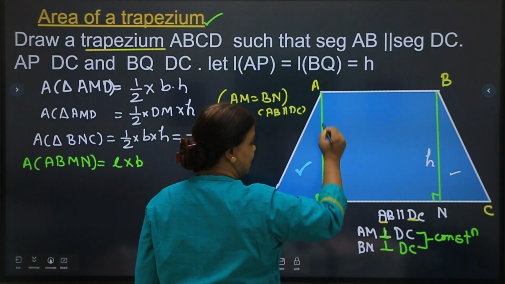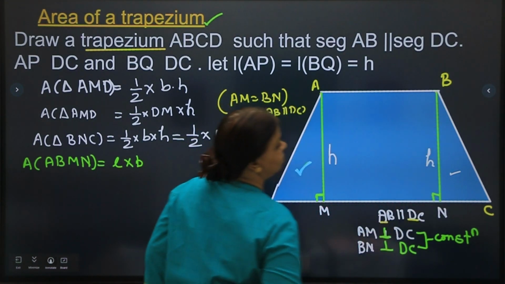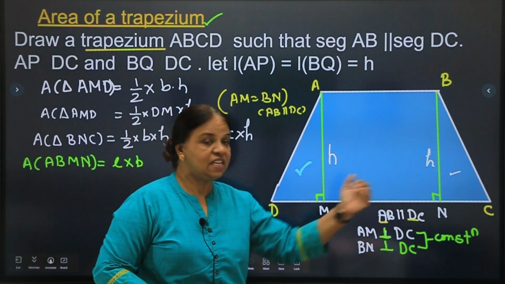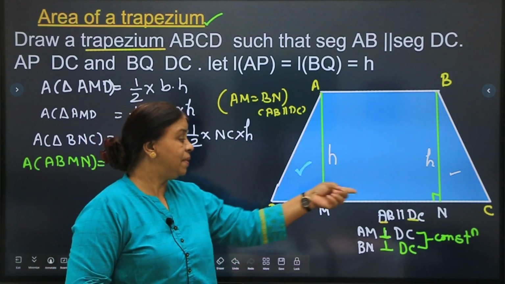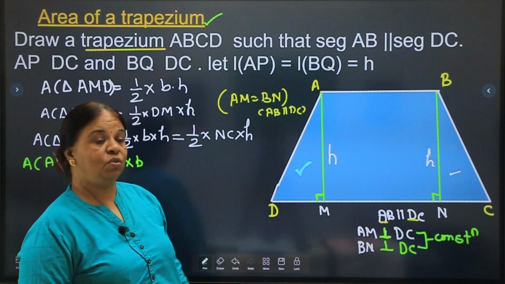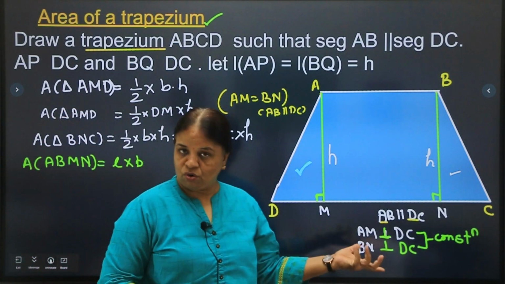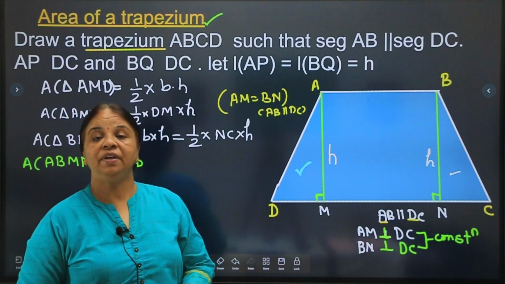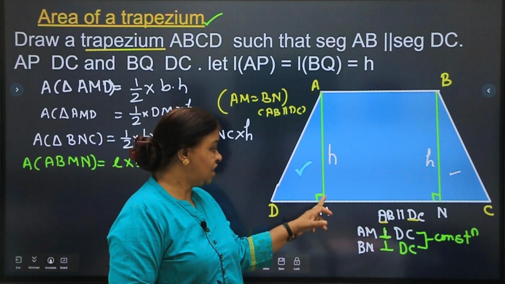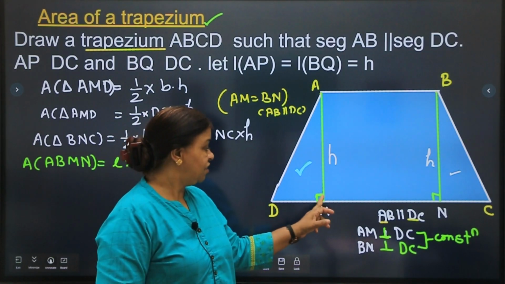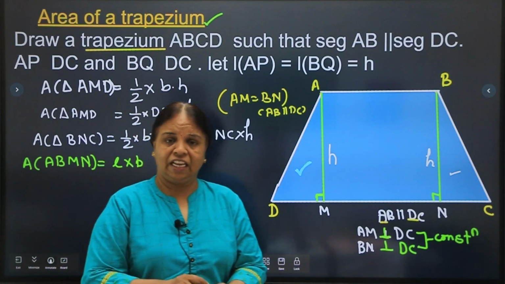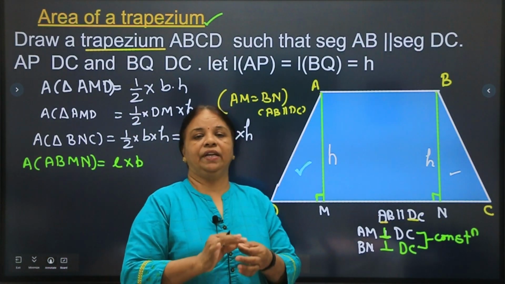So this line AM is parallel to BN and already AB is parallel to DC, so it will be parallel to MN. So it will be a parallelogram. If it is a parallelogram, it can be a rhombus, it can be a square, or it can be a rectangle. If each angle is 90 degrees, then it can be a rectangle or it can be a square.